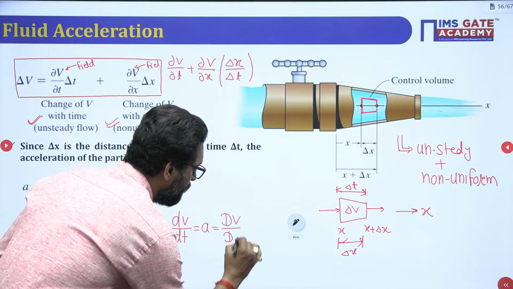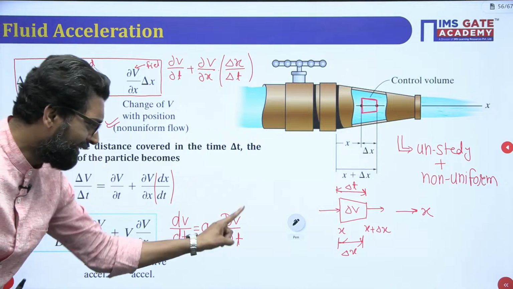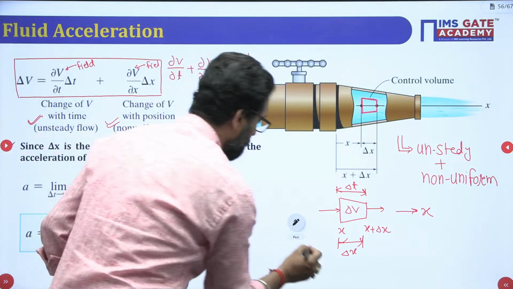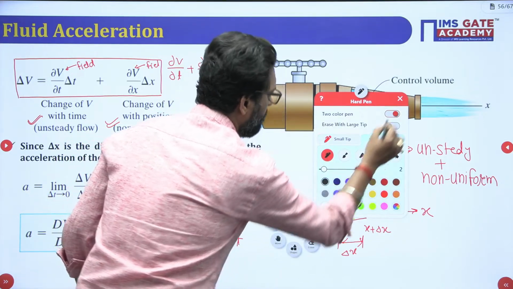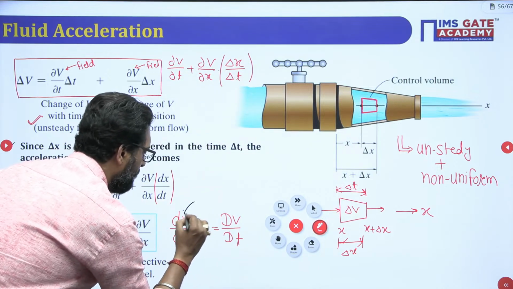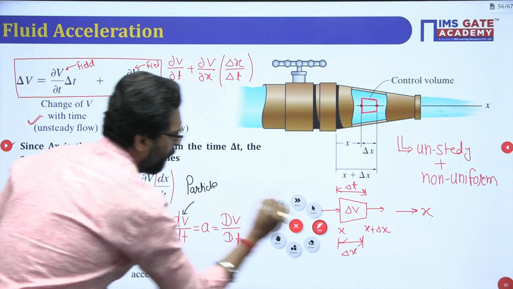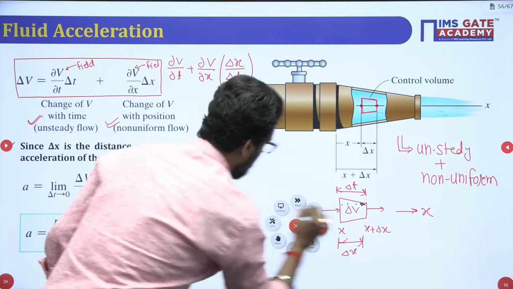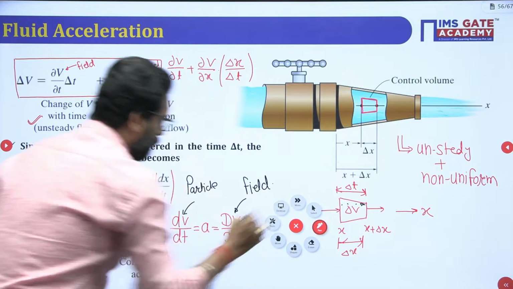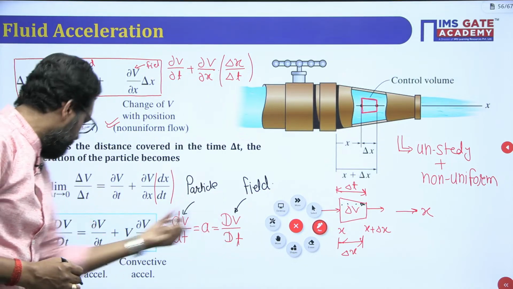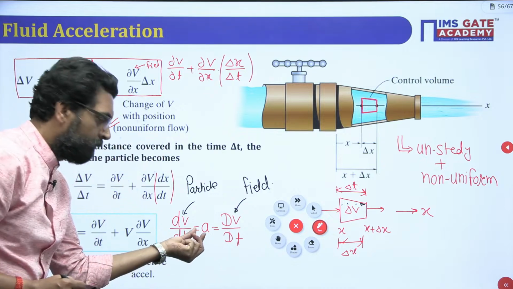This is very important. What is the difference between these two? Please tell me beta. This v is for the field, and this acceleration a is for the particle, which is moving in this direction.